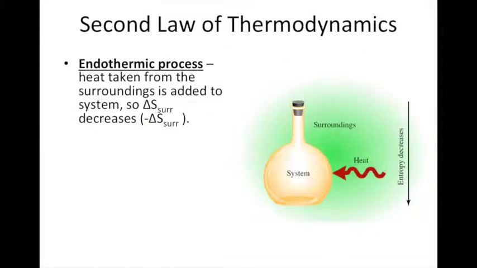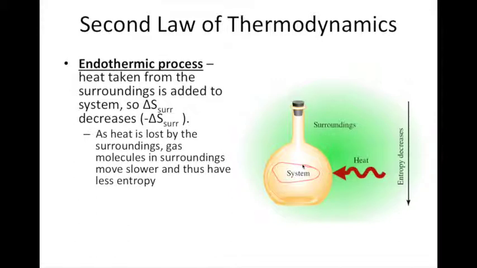So in endothermic process, the reverse would be true. Endothermic processes, heat is lost or absorbed from the surroundings and goes into the system. So what would happen? Well, as heat is lost by the surroundings and goes into the system, the molecules in the surroundings will begin to move a little slower, and so their entropy will decrease.